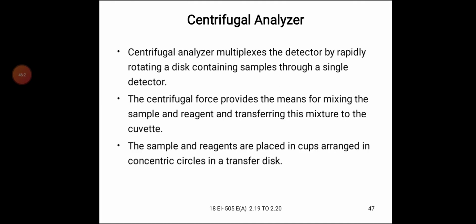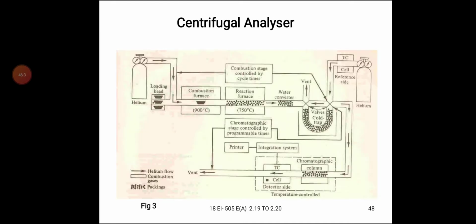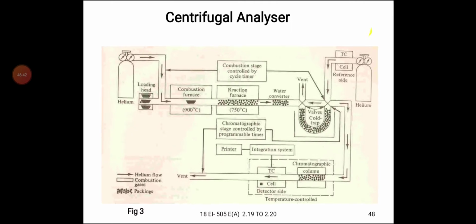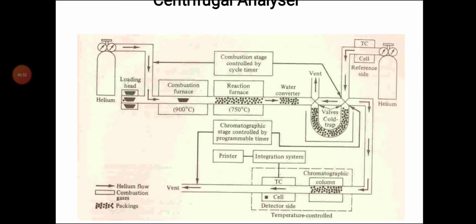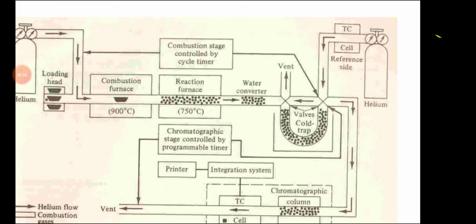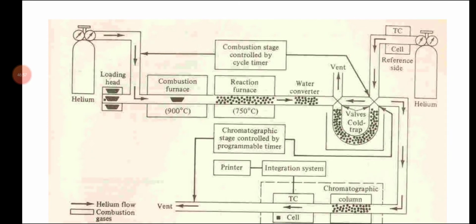The sample and reagents are placed in cups arranged in concentric circles in a transfer disc. The centrifugal analyzer is shown in the picture on the slide. It contains helium on the source side, and helium compressed gas on the reference side.